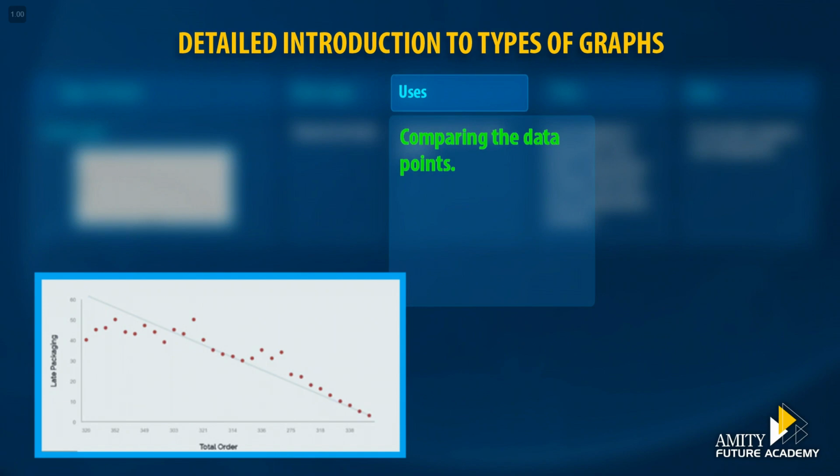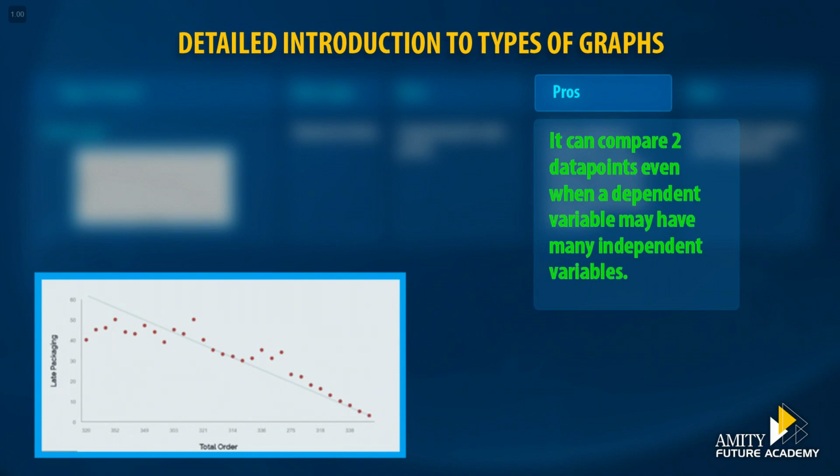It can compare two data points even when the dependent variable may have many independent variables. So my dependent variable has many values, but the independent variable is one. When I want to compare that, it will be easy when I use a scatter plot, because analyzing the range in a scatter plot is very easy.